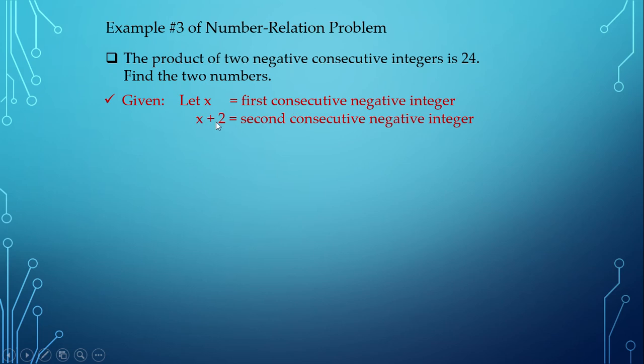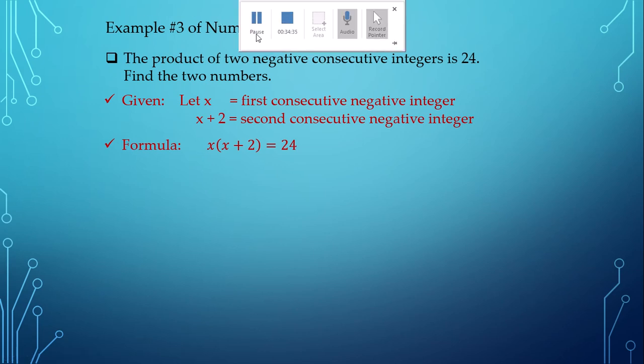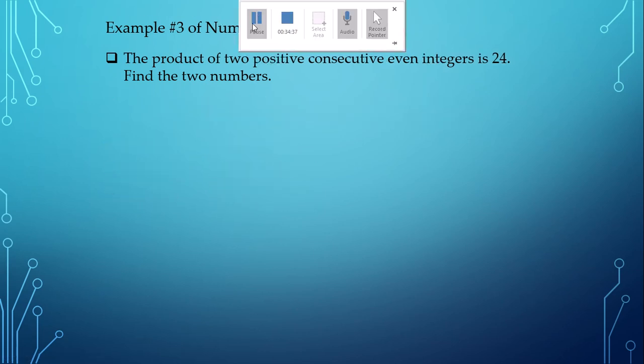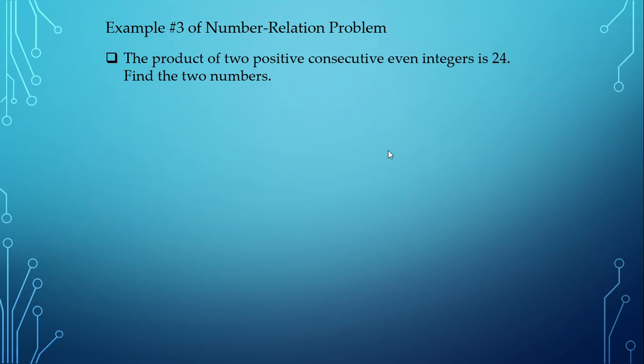So it should be x plus 1, no? We'll just check. X plus 2 is representing the second consecutive negative integer. This should be, again, okay, not a change, sorry.